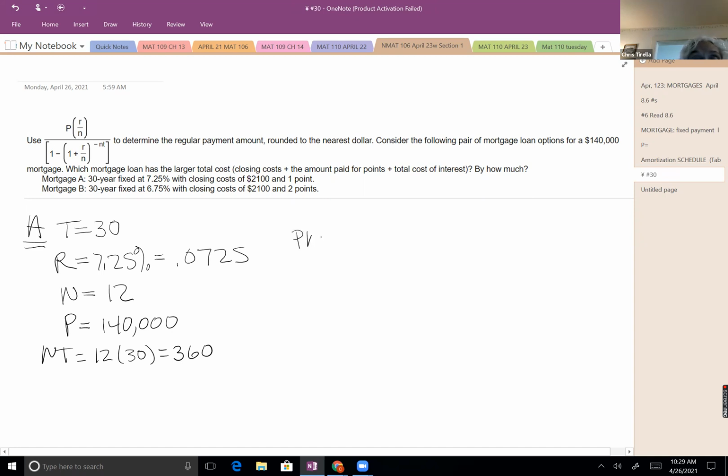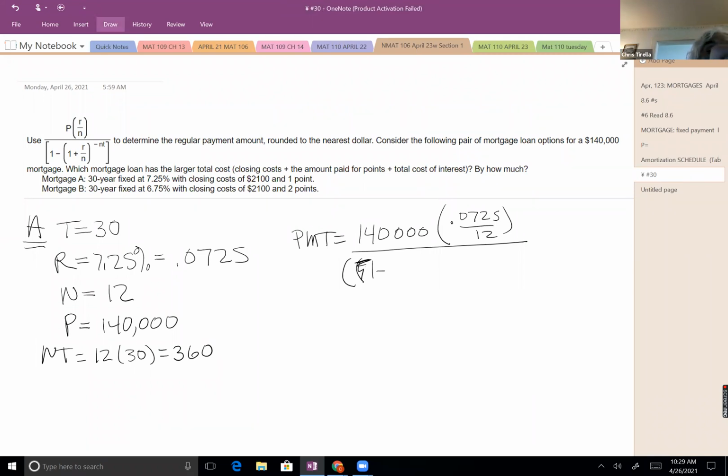So the payment would be that 140,000 times 0.0725 over 12 over parentheses 1 minus parentheses 1 plus 0.0725 over 12, close parentheses. Oh, I'm sorry. I didn't mean to double those parentheses. And it's not letting me erase that. Let's switch to the eraser.